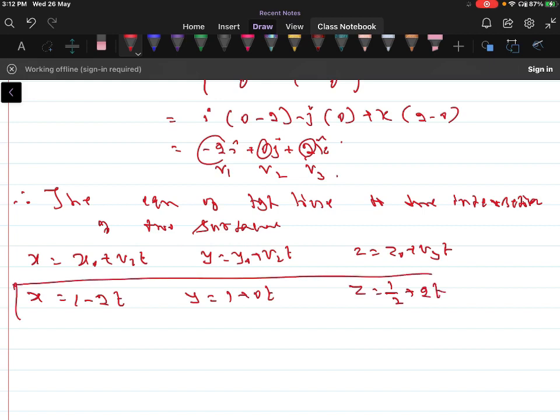So this is the equation of the tangent line at the point 1 comma 1 comma 1 to the curve.